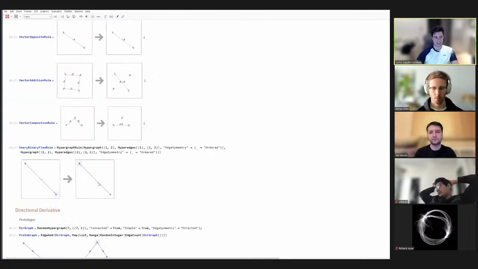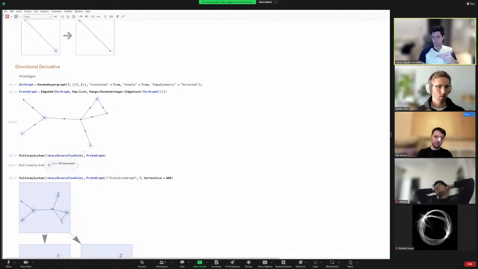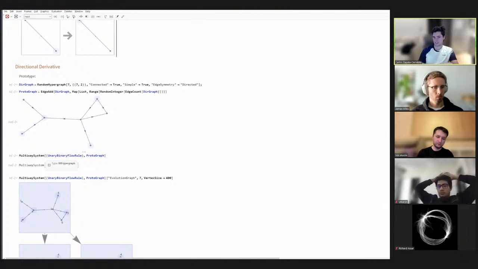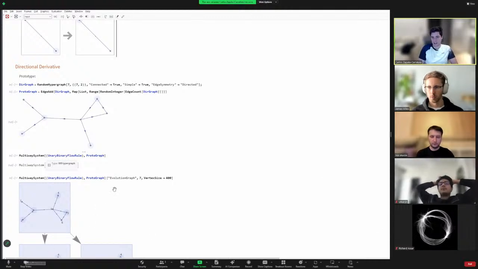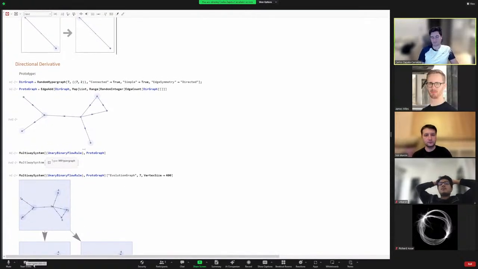Then we have unary edges, which are the only undirected edge information we're going to consider, which is essentially like saying that we have some integer-valued functions on vertices.